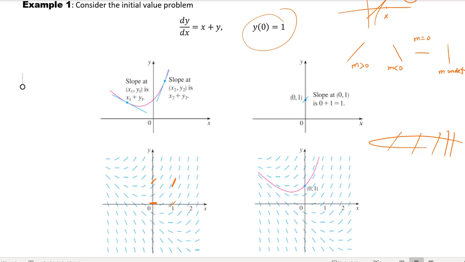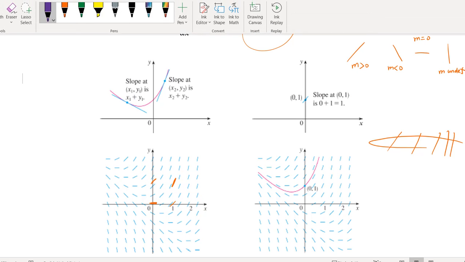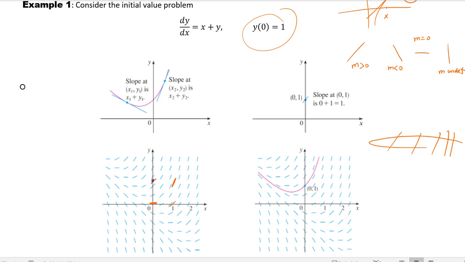Now imagine this is our initial condition (0, 1), which is right here. Can we estimate a solution curve passing through (0, 1)? Imagine we're following a water river: if you follow the river, the graph looks like this.